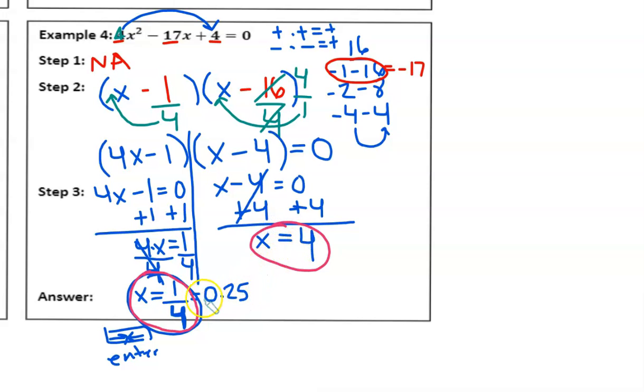So you can have solutions that are fractions, and you can also have them that are just regular integers. I hope this helps. You just need to factor and solve. Step 1, take out a GCF if there's one. Step 2 is factor. And step 3 is set each factor equal to 0 and solve.